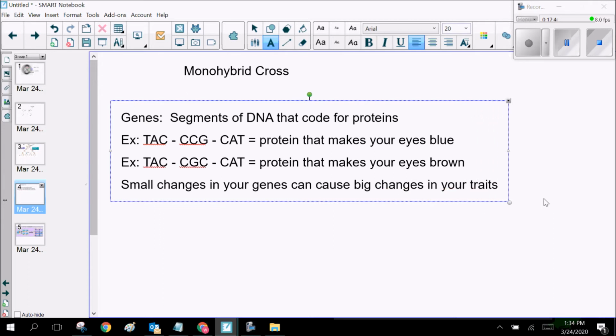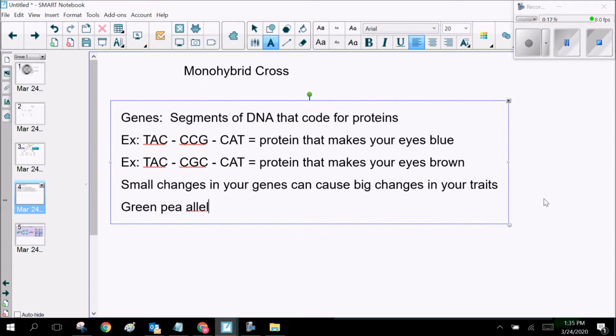This is a really important concept. So really what Mendel was seeing was that certain versions of genes were more powerful than others and were overriding them. The green P alleles were overriding the yellow P alleles.